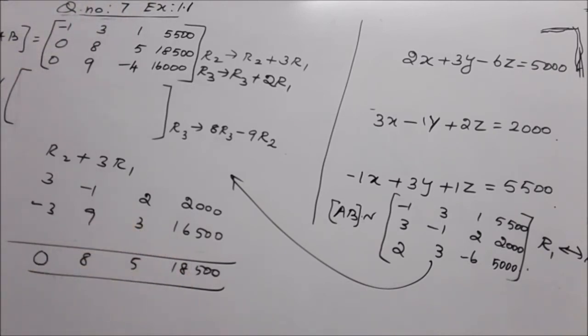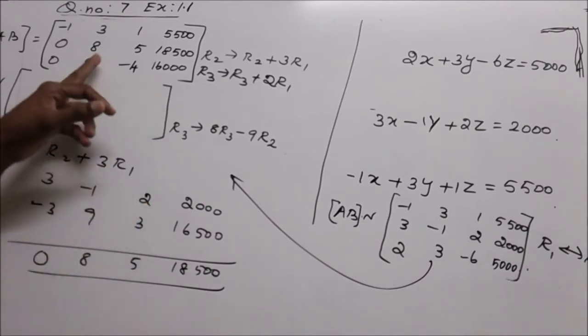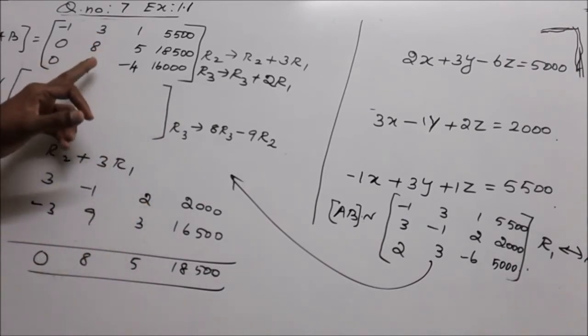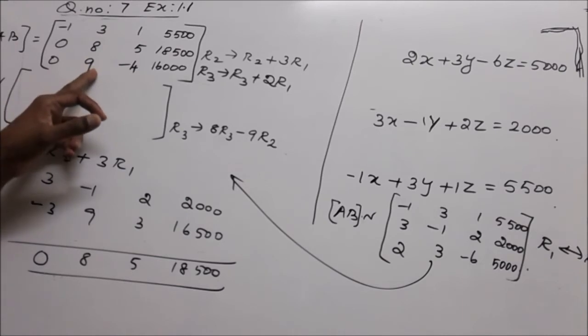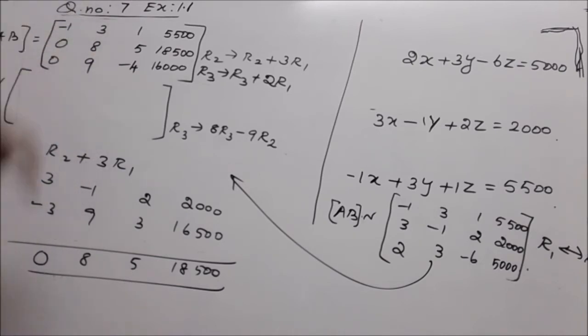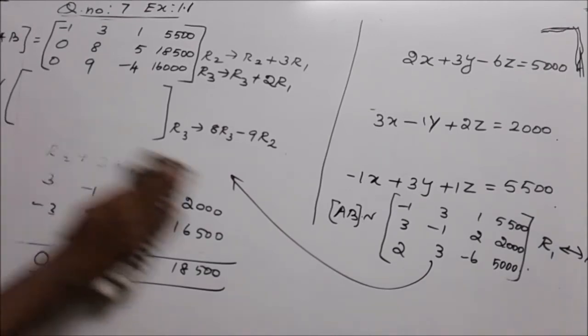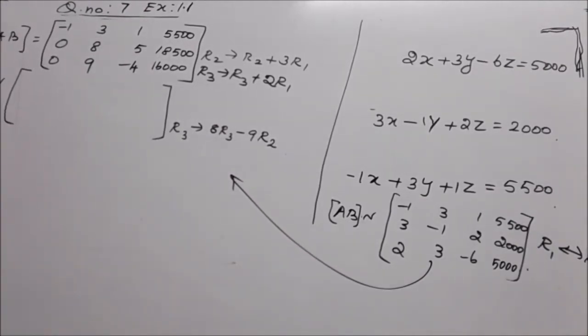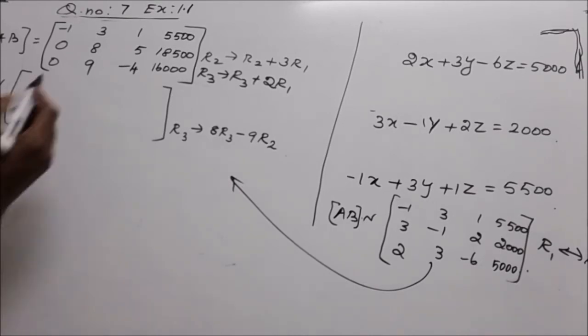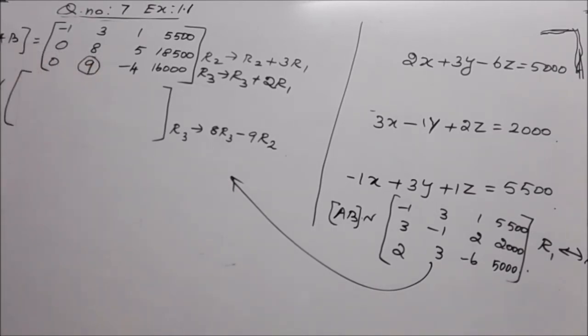Now our next move is to make this 9 as 0. For that purpose, multiply R2 by 9 and R3 by 8, and subtract from R3. 8R3 minus 9R2. Because we are going to make this 9 as 0, then we will get our echelon form.